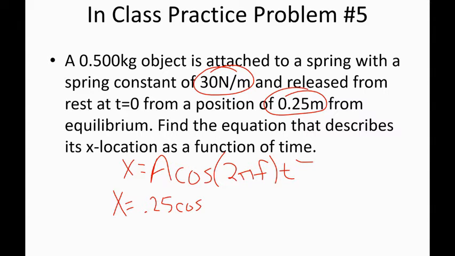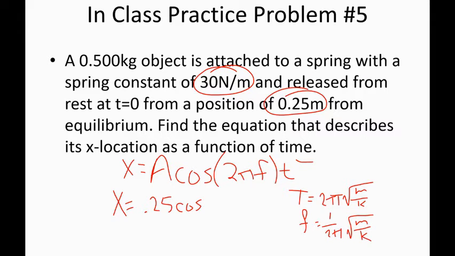We know our period is equal to 2 pi square root m over k, and our frequency is going to be the reciprocal of that, so frequency is 1 over 2 pi square root m over k.